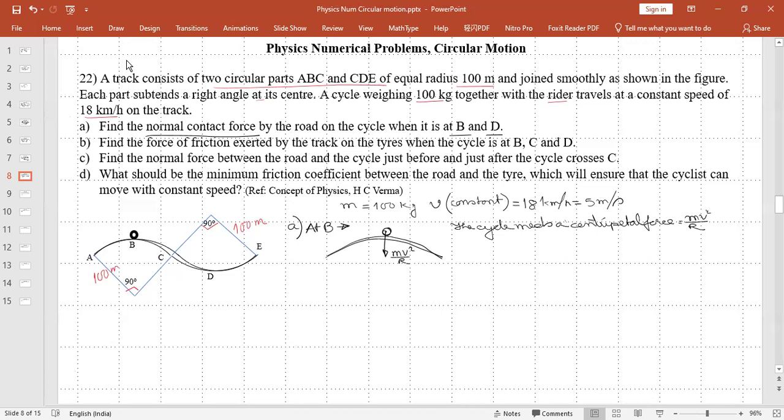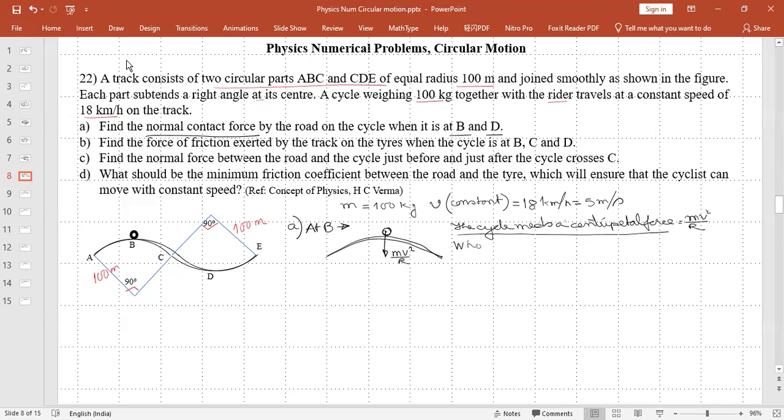As we have seen earlier, this centripetal force is normally provided either by gravitation or by the tension of a string or by some electrical charge, things like that. So here the centripetal force is obviously provided by the gravitational force.